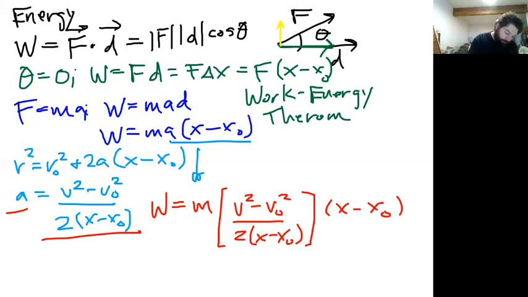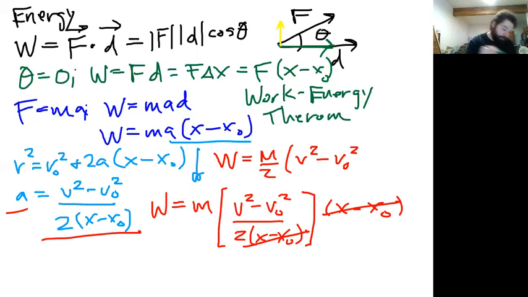And so you can see these cancel out here, basically, and so that could be D. And so up here, what this becomes is W equals m over 2. Here's a simple way to write it: v minus v naught. Okay, so that's essentially what we have.